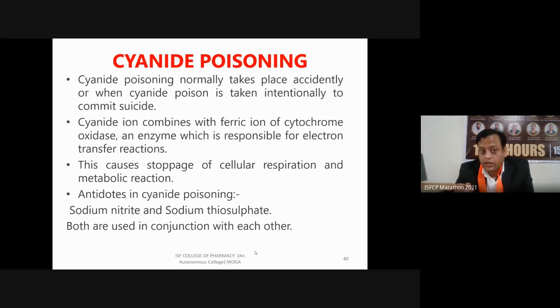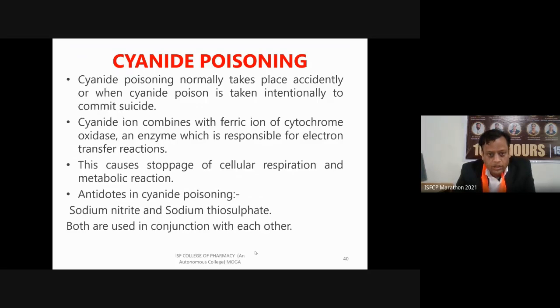So this causes stoppage of cellular respiration and metabolic reactions, because the ferric ion of cytochrome oxidase combines with cyanide ion and its functioning is disturbed.